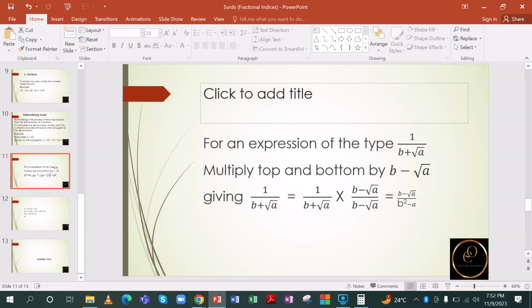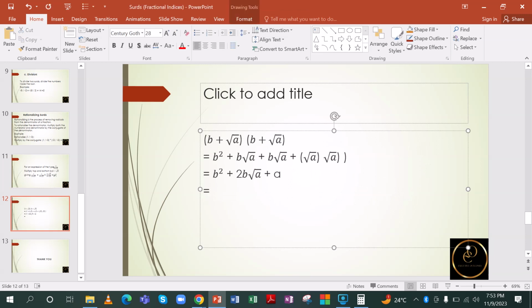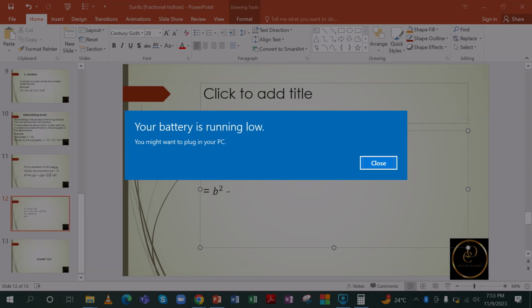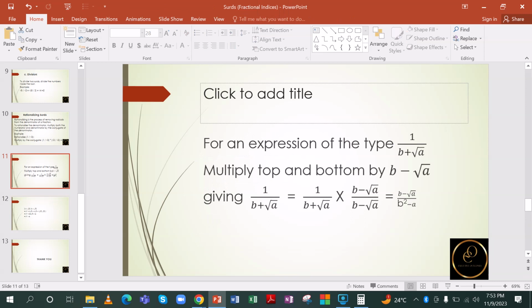If you simplify this one, it will be b squared minus a.